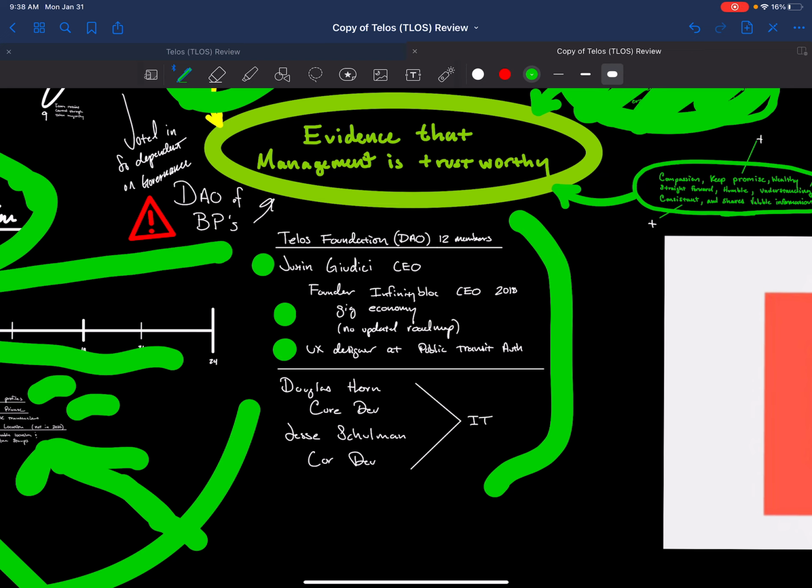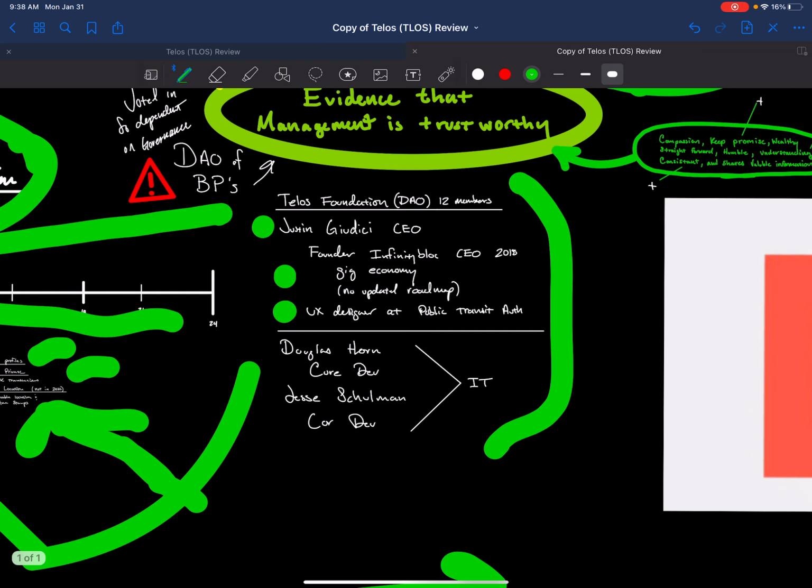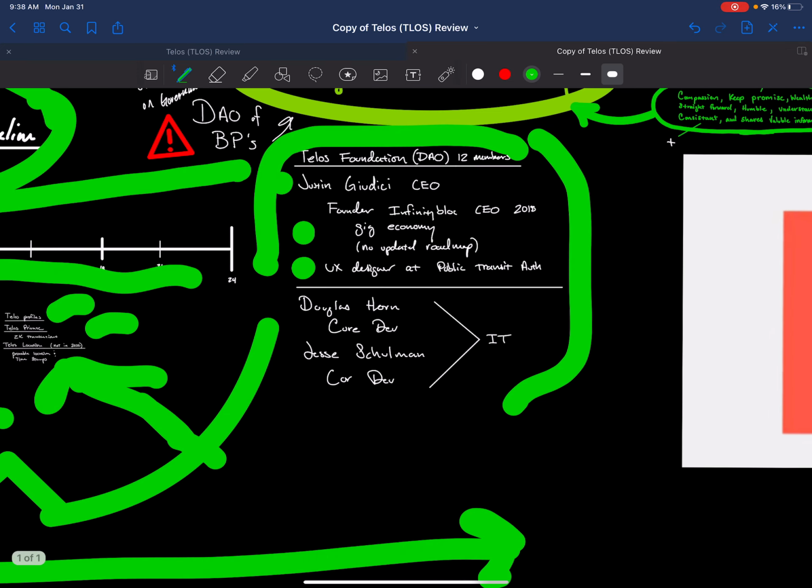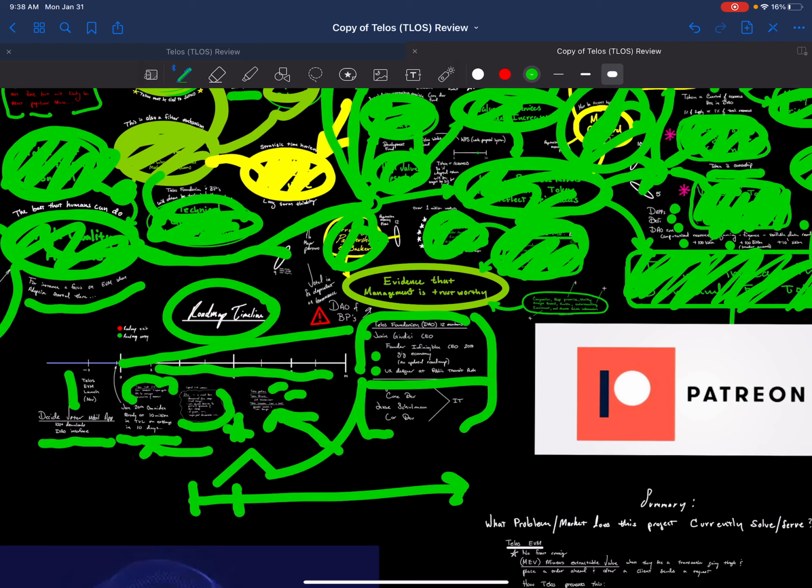And then he was a UX designer at the Public Transit Authority. But he's the leader of the foundation that is elected by Telos voting with funds, etc. And then Douglas Horn and Jesse Skolman. These are core developers with IT backgrounds who are building out the blockchain.